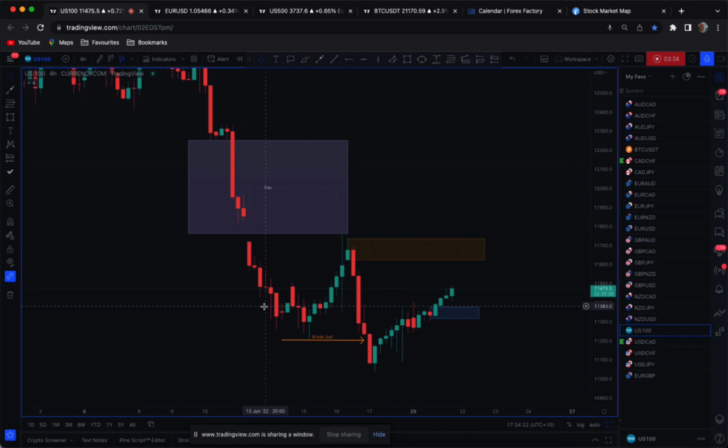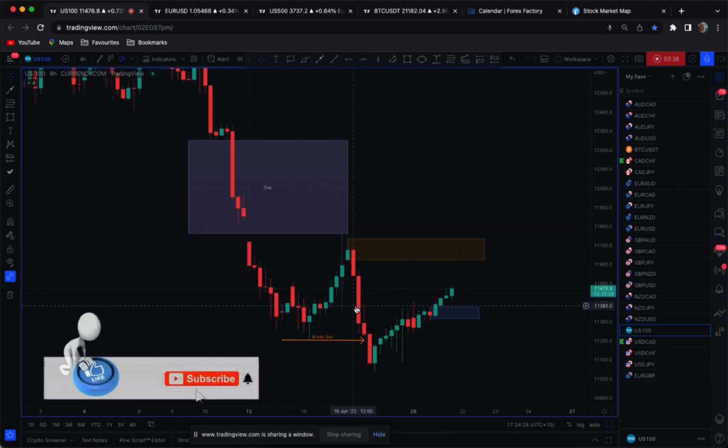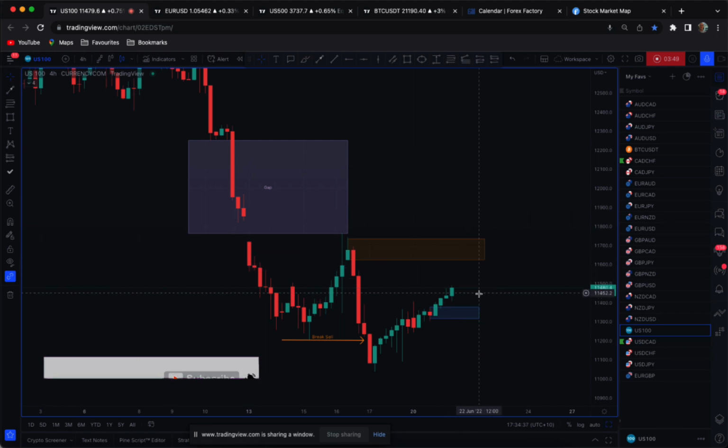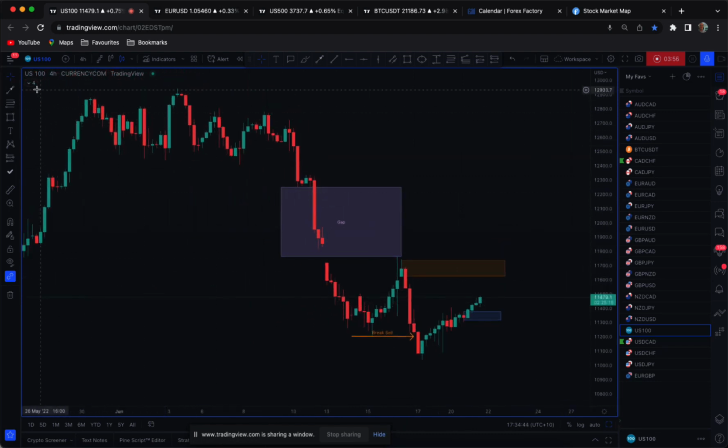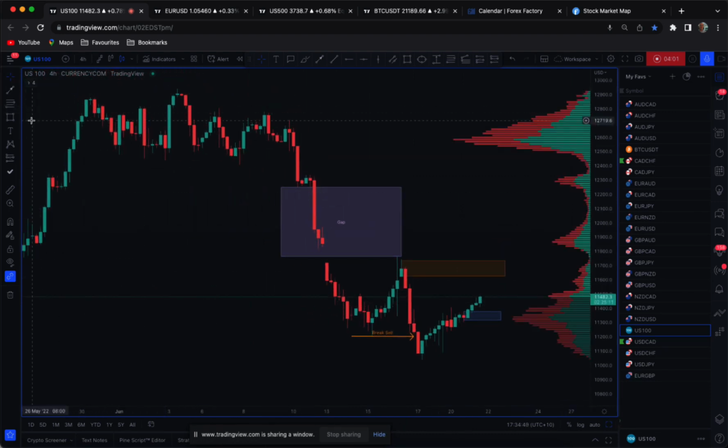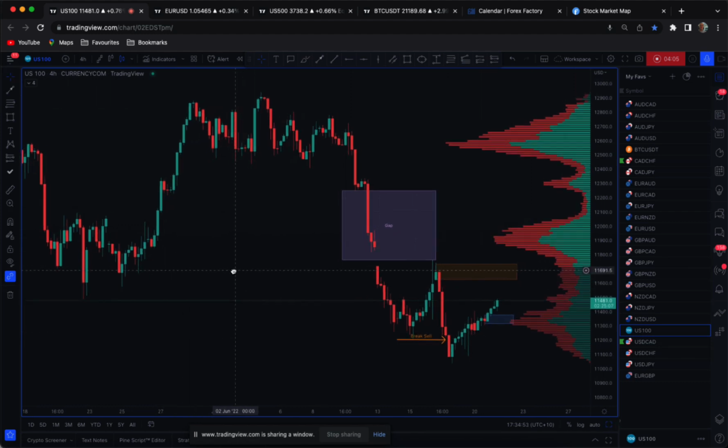This range through here, we can see the point of control where my mouse is currently, right above this candle. Point of control right there. Okay, so we've got a gap here that we're currently trading through, and then a gap above. Let me just get the volume profile. Yeah, there we go. That sort of paints a picture.